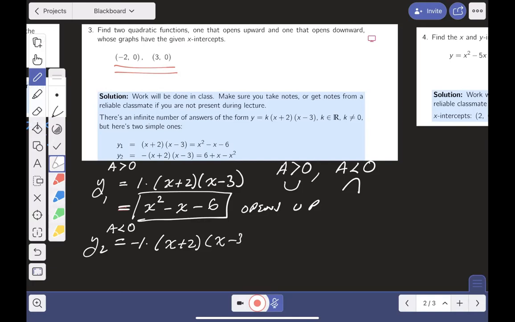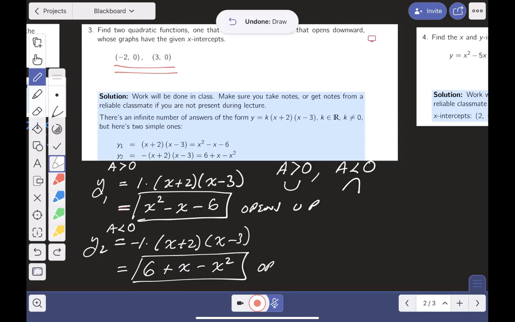Well, if you were to multiply that out, what would you get? You would get, and I'll write in a different order for you, by the way, you would get 6 plus X minus X squared. And this one opens down.